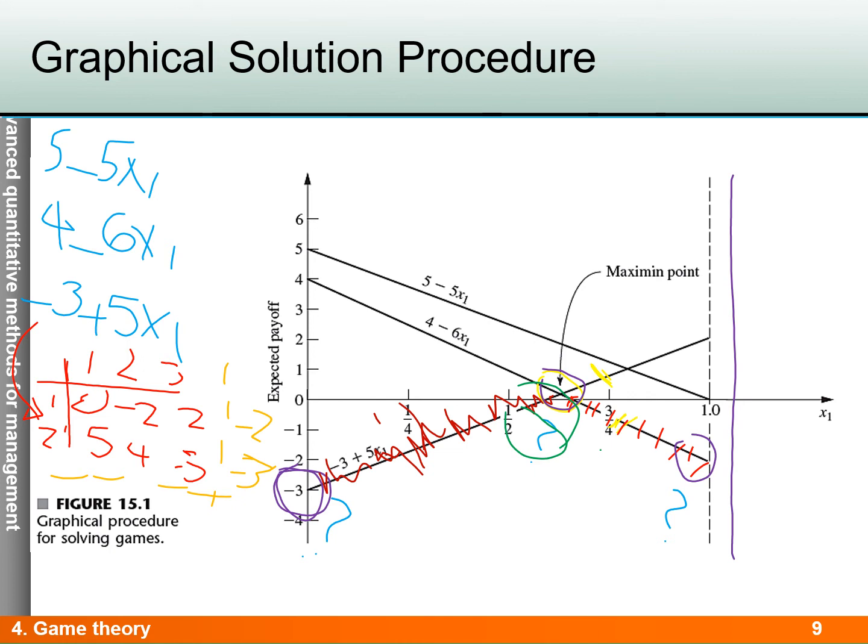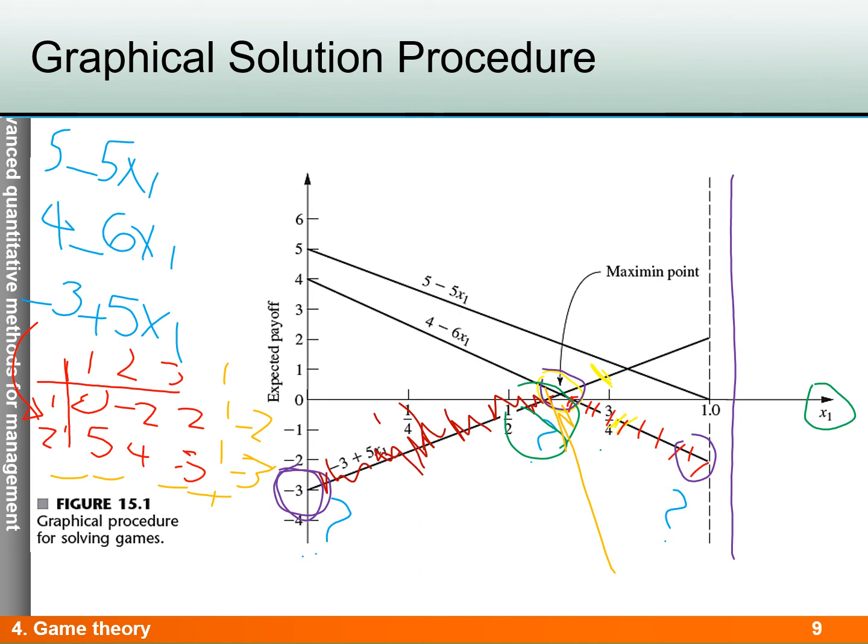So I know the value of x1, it is this point that I have here. How can I find the result of x1? Easily.